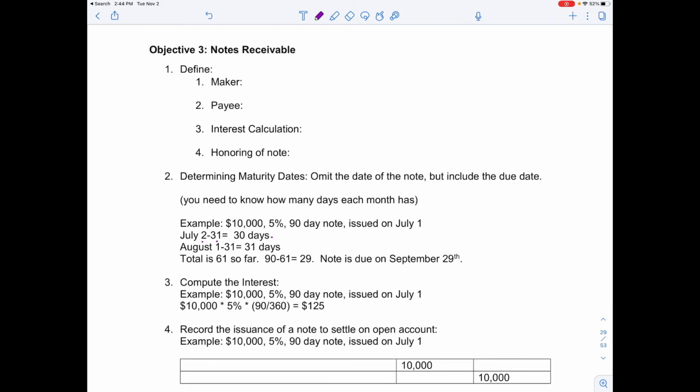So the maker is the person who's going to be signing the note. They're the one who owes the money. Whereas the payee is the person who is getting paid.